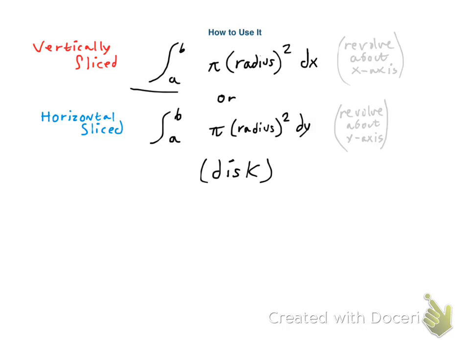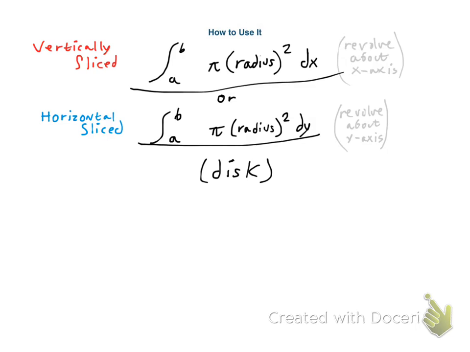The two formulas you see here are very similar to the area formulas, in that you're going to put a function in for your radius. So for the radius there's going to be a function, like an f of x or g of x function. And there's a dx, dy difference between these two formulas. Also the a's and b's for each formula.